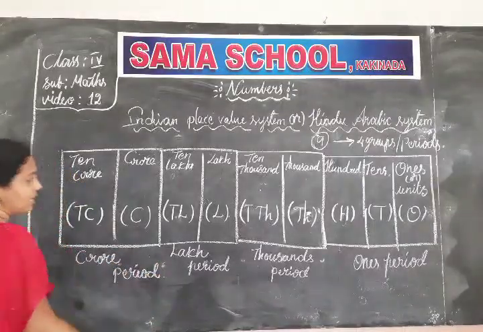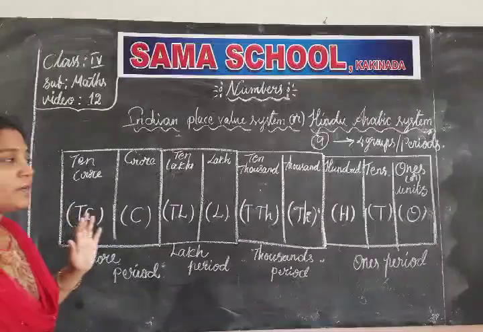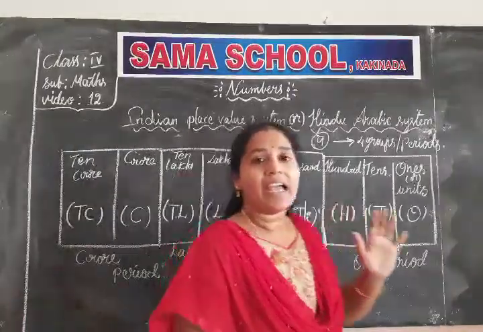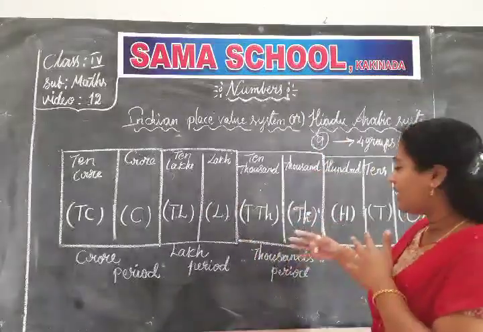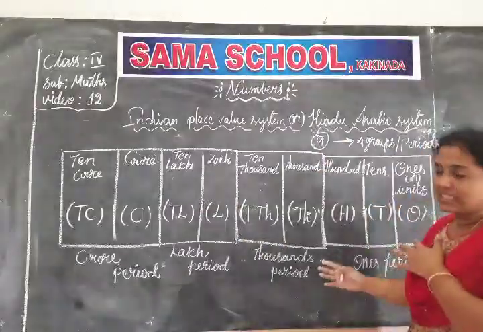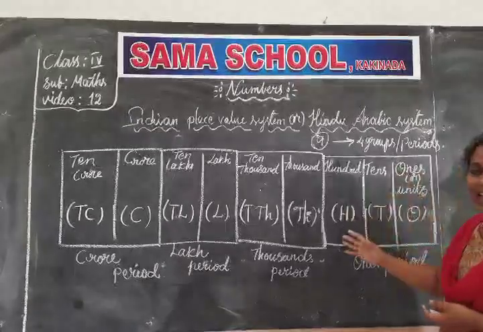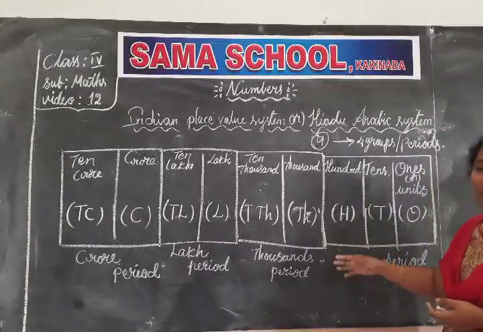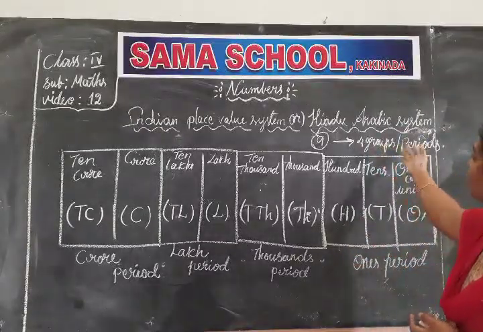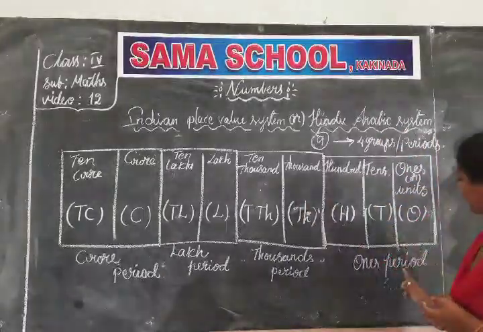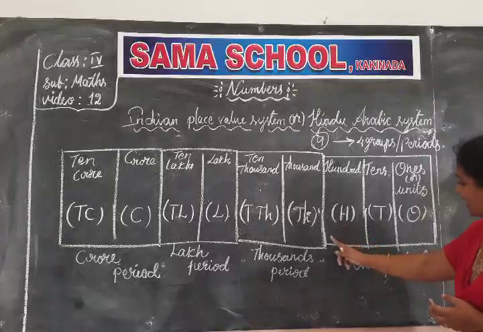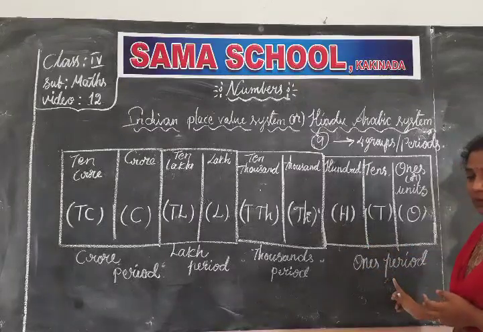Now you understand, children? In the Indian place value system, totally how many places are there? 9 places. All these 9 places are divided into 4 periods. It means when you are writing the number in standard form or expanded form, by using these periods, we insert the commas. Ones, tens, hundreds. These 3 places are in the ones period.